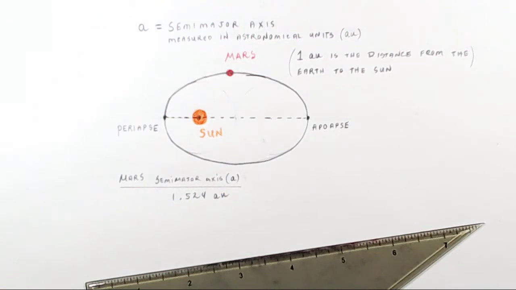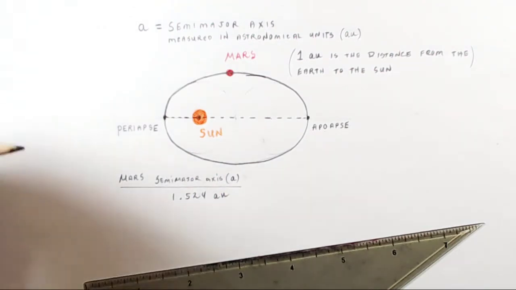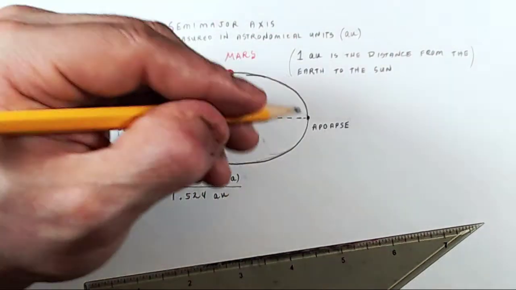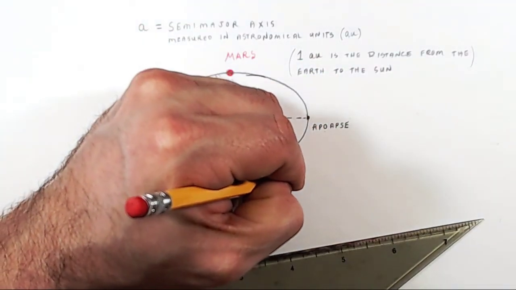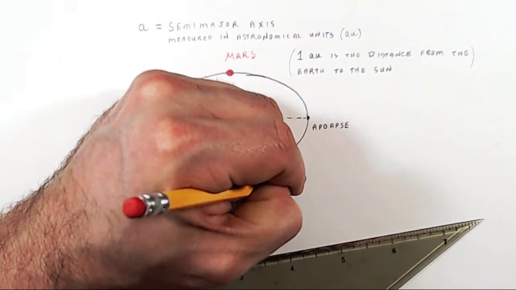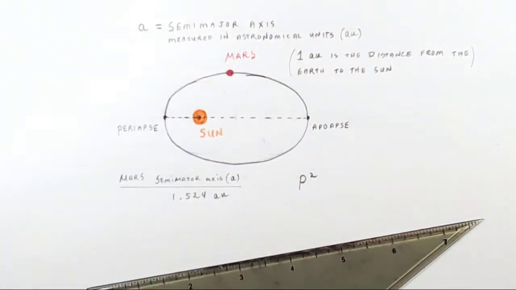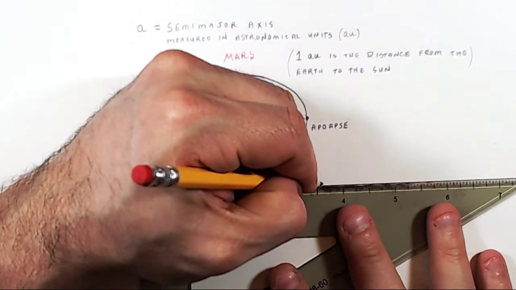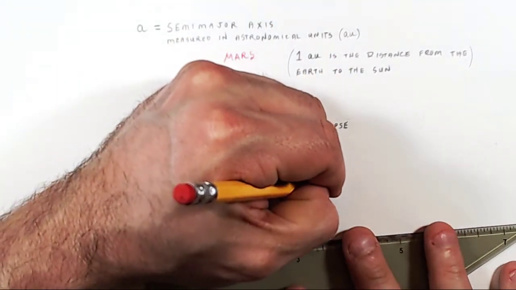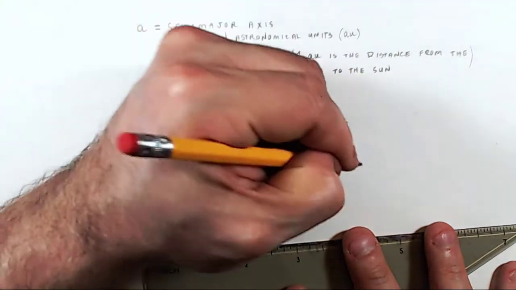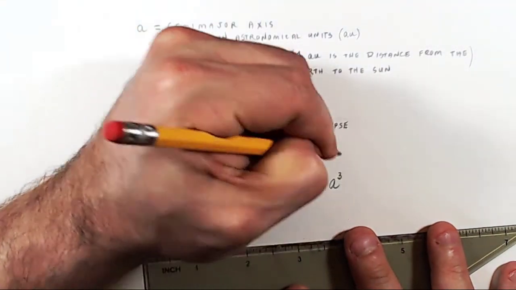Okay, fair enough. Well, let's take a look at the formula and see if we have enough information to proceed. The period squared, this is according to Kepler's third law, is equal to the semimajor axis cubed.